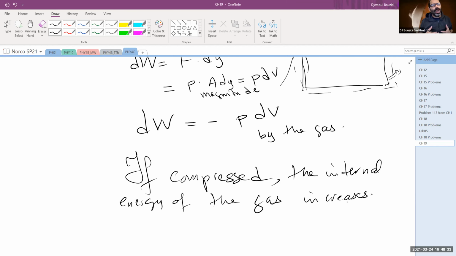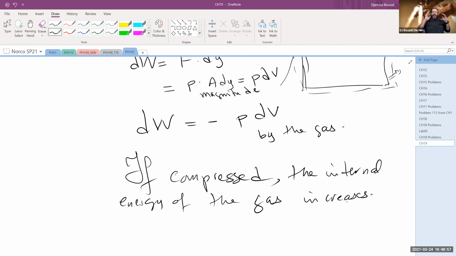So that has to go somewhere, and it goes to the internal energy of the gas, especially since I'm isolating it now and wrapping it in a big blanket so that it does not lose heat or gain heat for that matter. So in this case, the only way for the energy that I am putting in to go, it's going to go into the gas, into its internal energy. Okay, so that is another way for me to increase the energy of the gas.